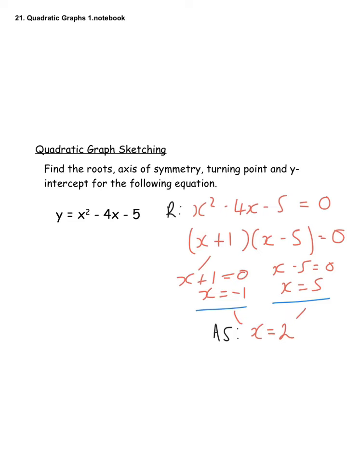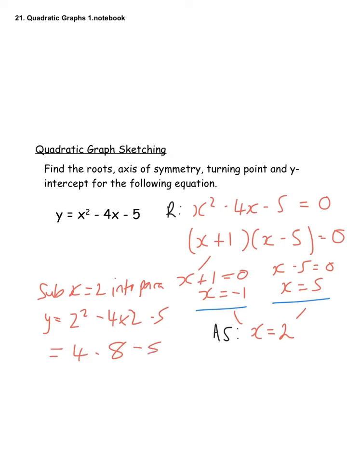So what we need to do is sub x equal 2 into the parabola. So we get y is equal to 2 squared minus 4 times 2 minus 5. 2 squared is 4, 4 times 2 is 8, so minus 8 minus 5. 4 take away 8 is minus 4, take away another 5 is minus 9.